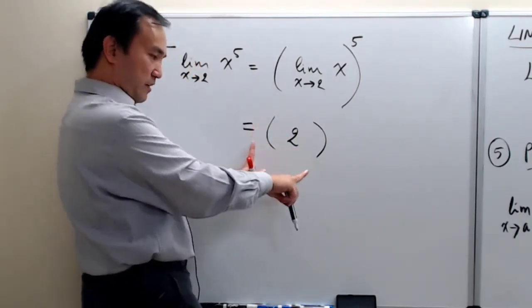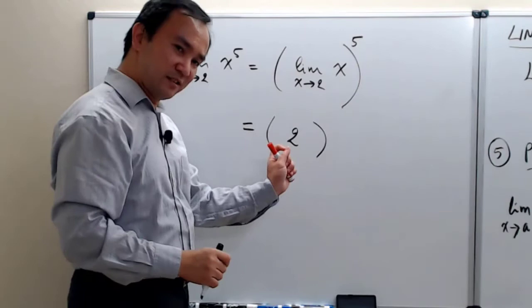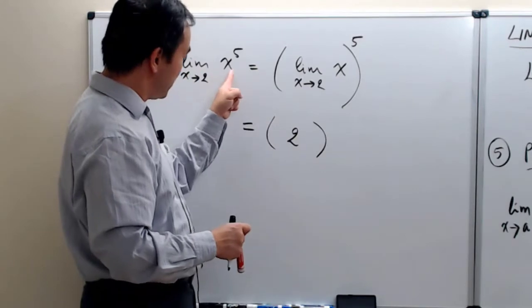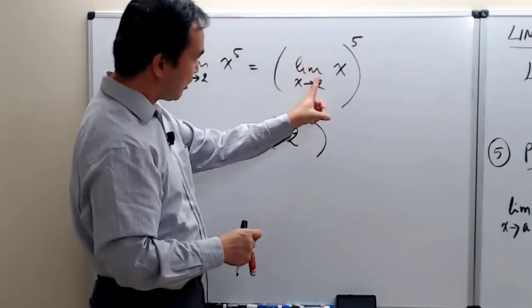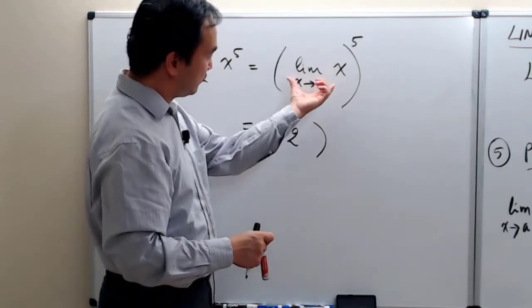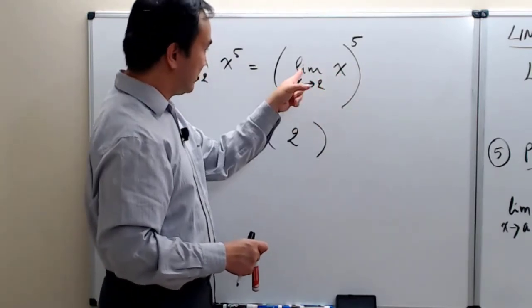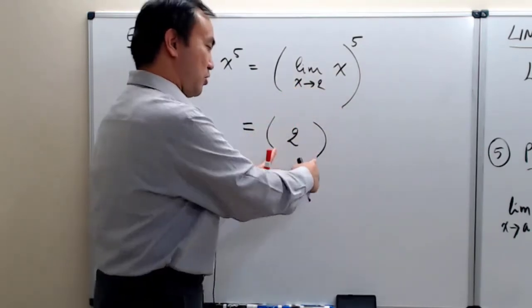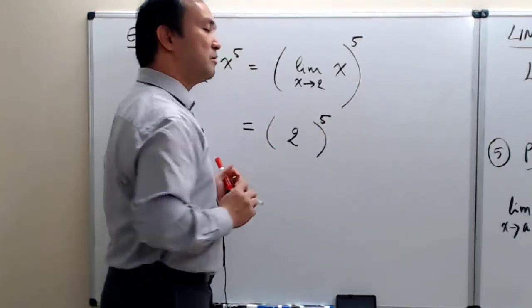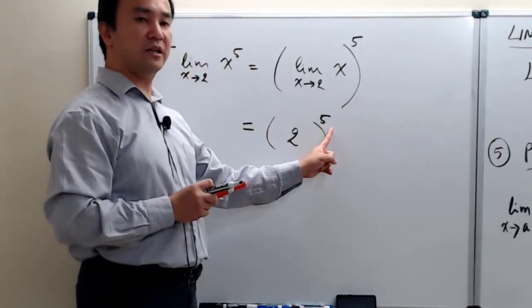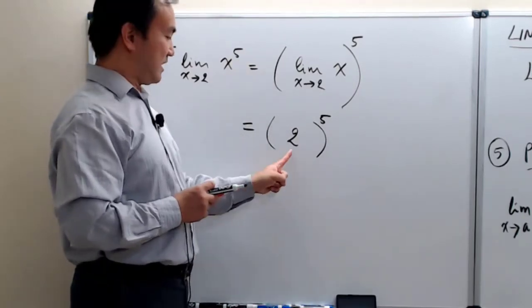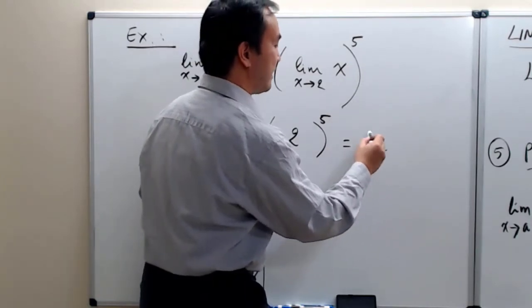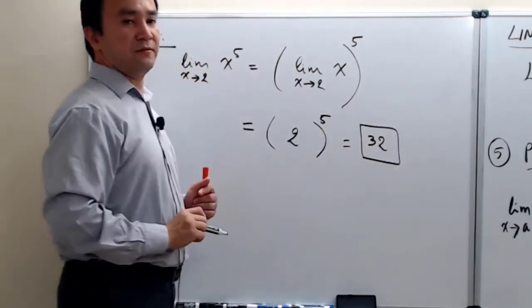Once again, I have to remind everybody, because things can get dangerous easily, it looks almost like we're substituting the value 2 into the function, but we're not. It's all due to the previously proven limit of the simple function x, when x gets close to 2, gives us a 2. Then once we know that limit, according to limit law number 5, we can go ahead and raise that to the designated given power. So at the end, 2 to the 5th power is 32, and now that is legally our final answer for this limit.